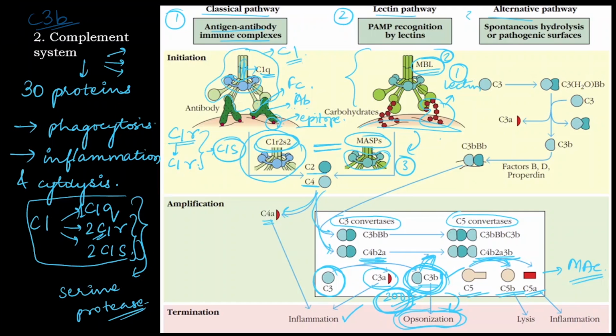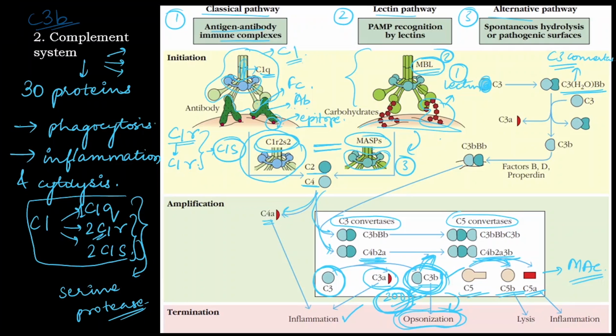Now last is the alternative pathway. Here there is a spontaneous hydrolysis of the C3 molecule, and it will form a complex of C3(H2O)Bb. Now this acts as a C3 convertase.